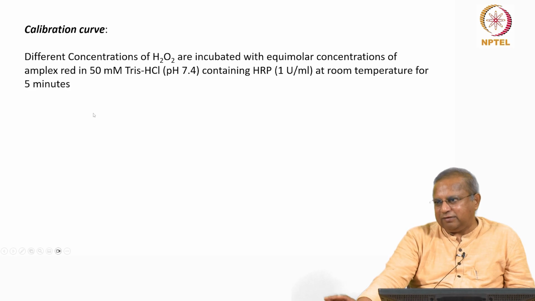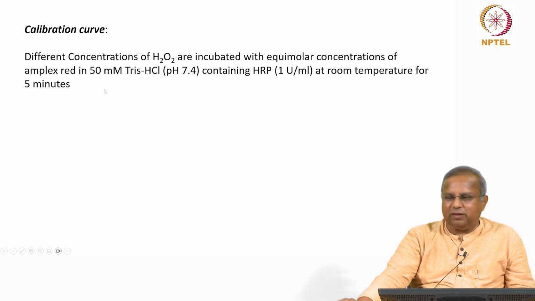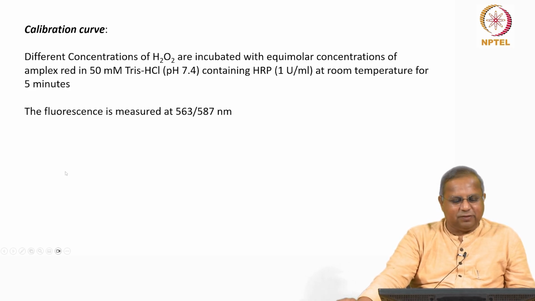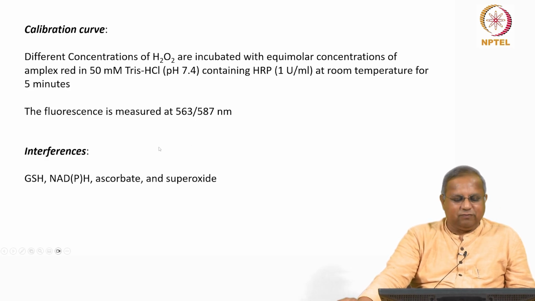These are just details, right? You can pick them up whenever there's a need. pH 7.4 containing HRP, horseradish peroxidase, 1 unit per ml at room temperature for 5 minutes. That's the procedure. The fluorescence is measured at 563, 587.